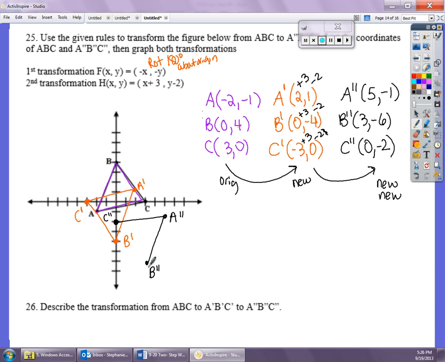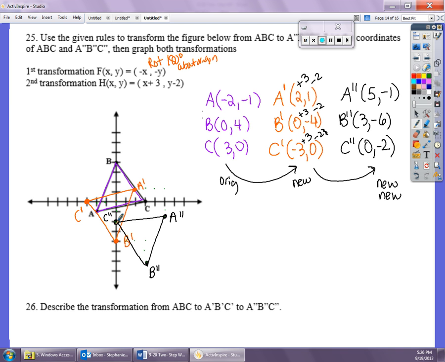So now when I connect my dots, I should be able to count from A prime to A double prime, and it should only be to the right 3 and down 2. Yep. And from here, right 3 and down 2. Yep. And then from here, right 3 and down 2.